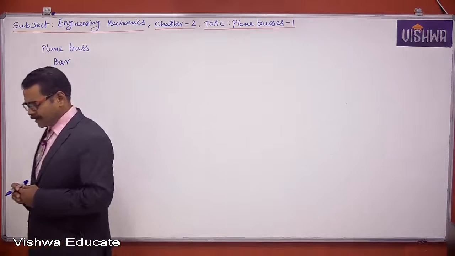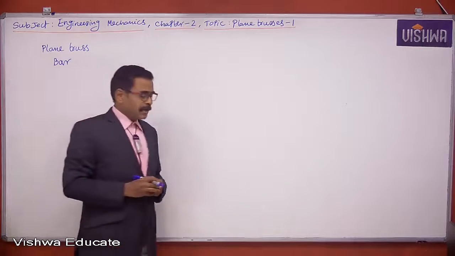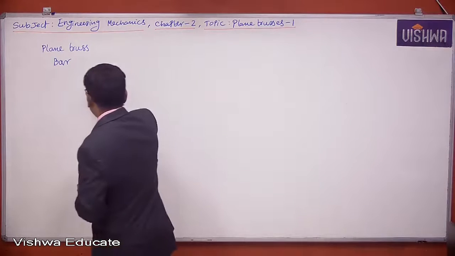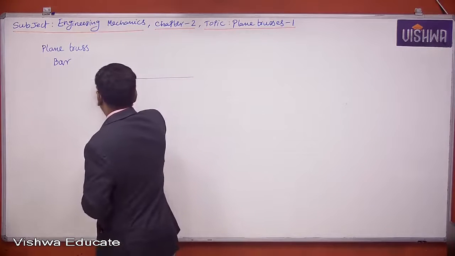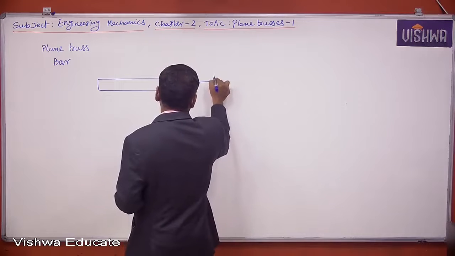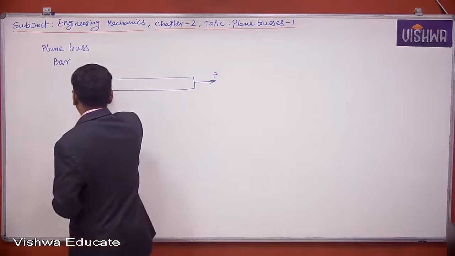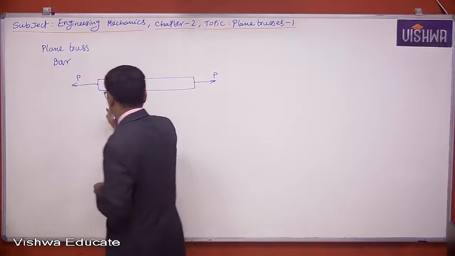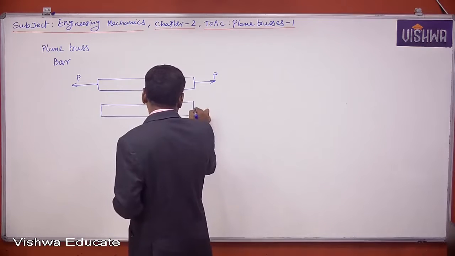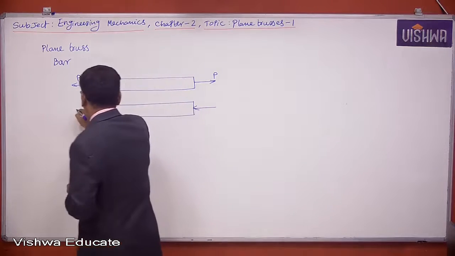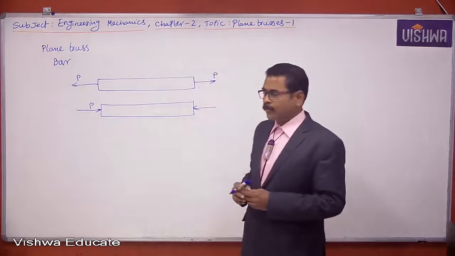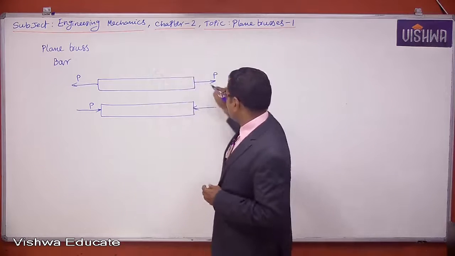Here a bar element is there. This bar element carries axial tensile force, right? Another bar element could be there. It may carry axial compressive force. So a bar element carries only axial loads. No transverse load.